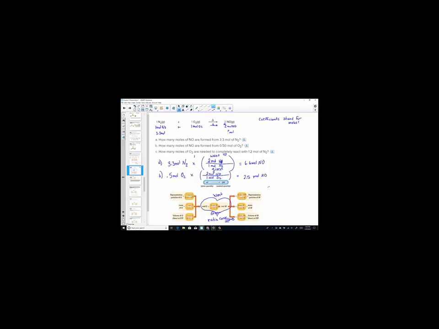And we have one more I'm going to put down here. If I have 1.2 moles of molecular nitrogen, this is my given. And I want to know oxygen. This time we have a new target.